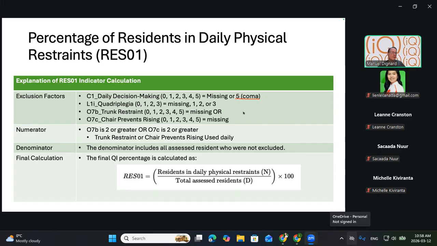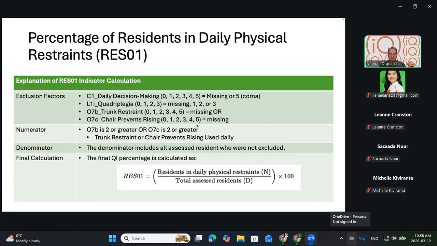So we're going to look at daily decision making. If it's a 5, meaning they're comatose, we're not going to look at that one. If they have quadriplegia, we're not going to look at that one. If any of this data is missing, trunk or chair, they're not going to look at it.